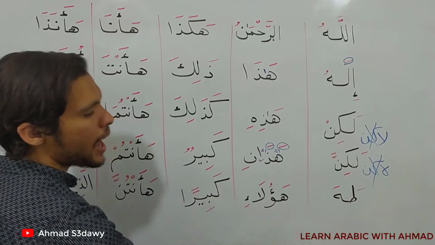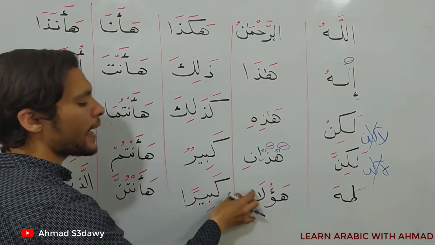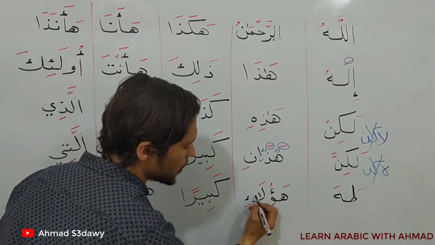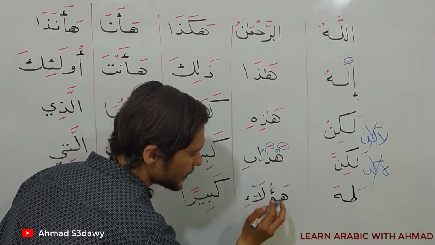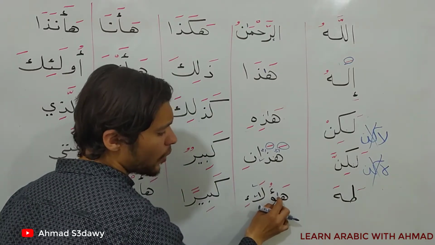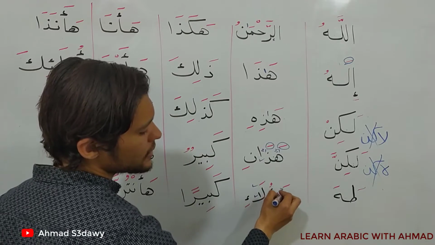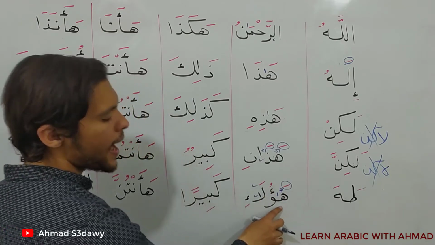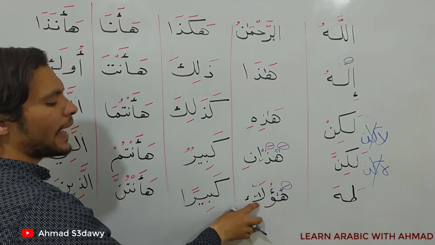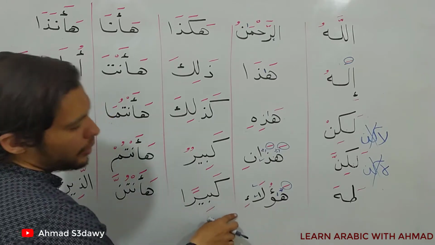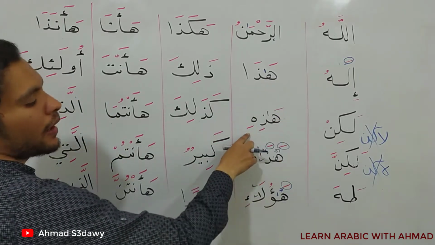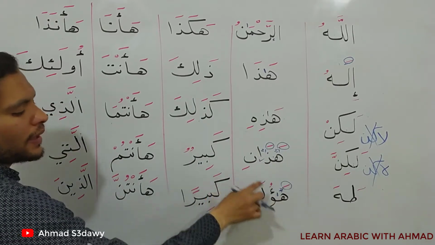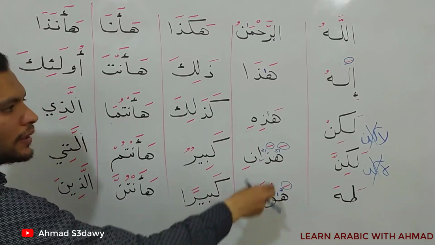Also here when you say ha-u-la-i, again this alif is a long vowel to lengthen this fatha, and there is here a long vowel with alif to lengthen the sound of this fatha. So you say ha-u-la-i. So haza, hazihi, hazani, ha-u-la-i.